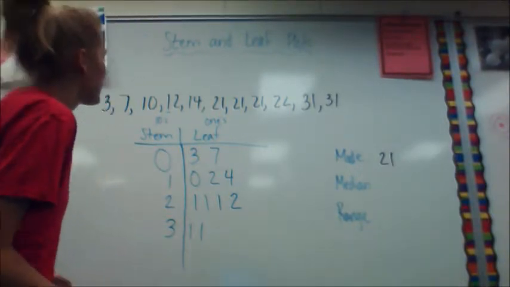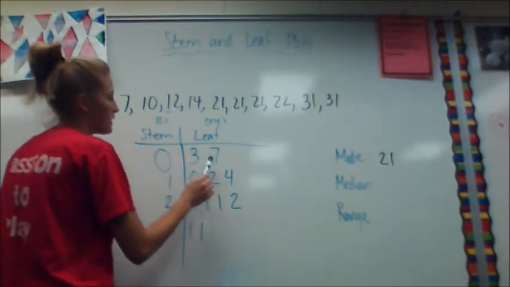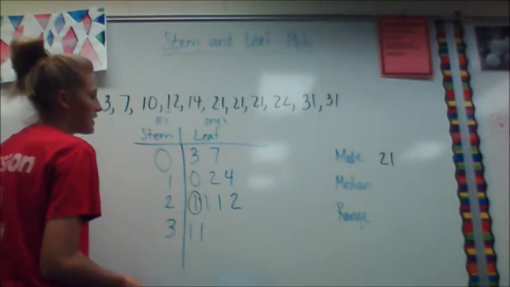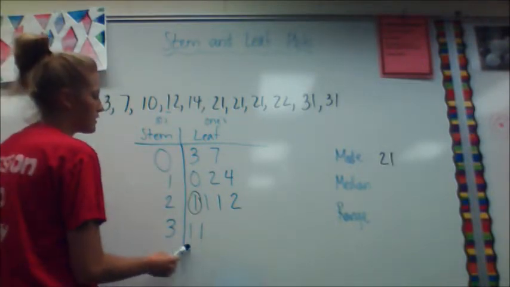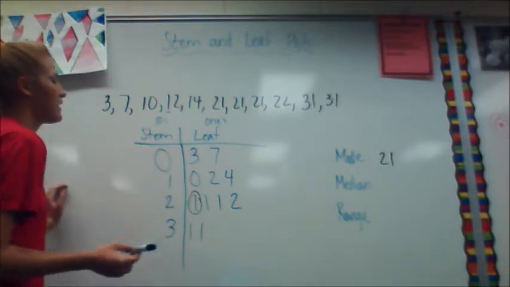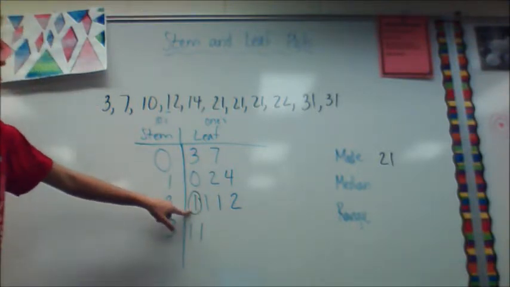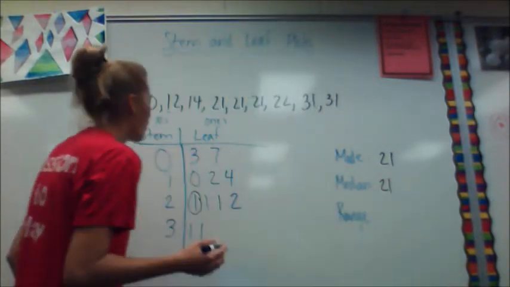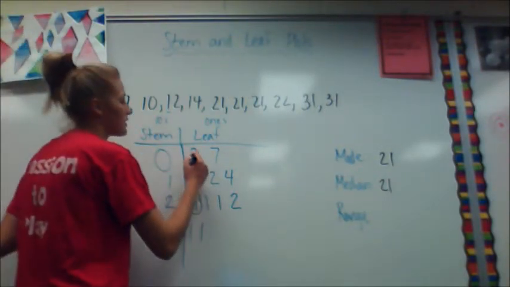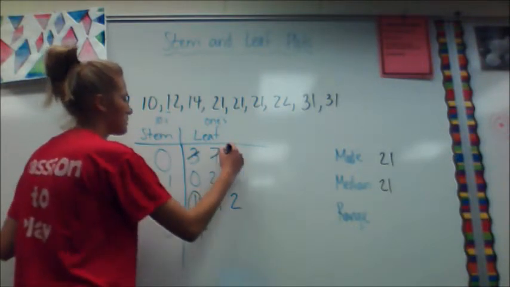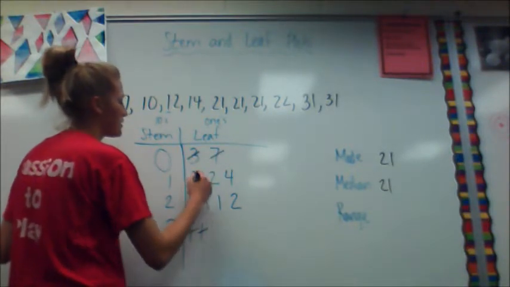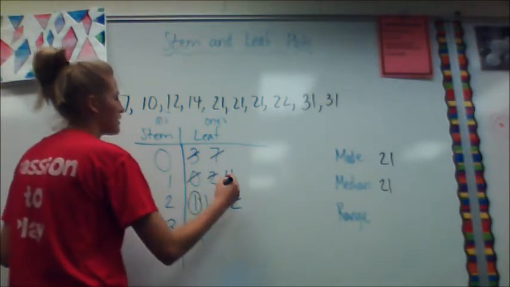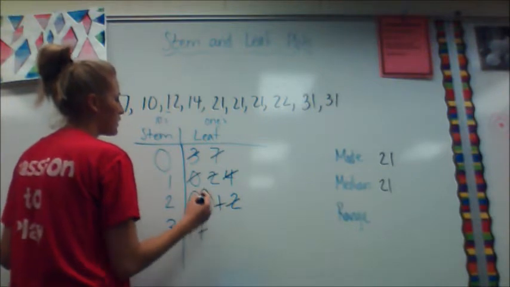So what we would do is count 6 numbers: 1, 2, 3, 4, 5, 6. Okay, circle it. Then we have to count 6 numbers the other way: 1, 2, 3, 4, 5, 6. And when I do that, I land on 21. So my median would be 21. Or, like I said, you can karate chop it. So you go smallest, biggest, smallest, biggest, and we would get 21 again.